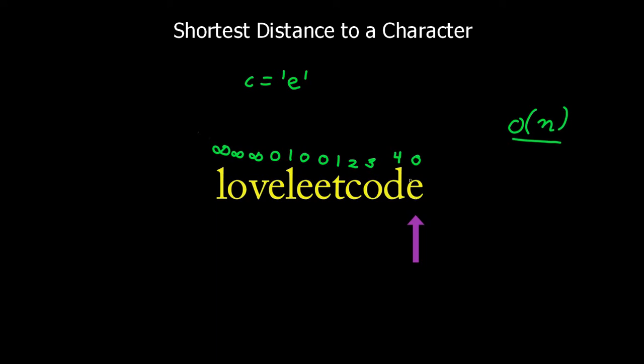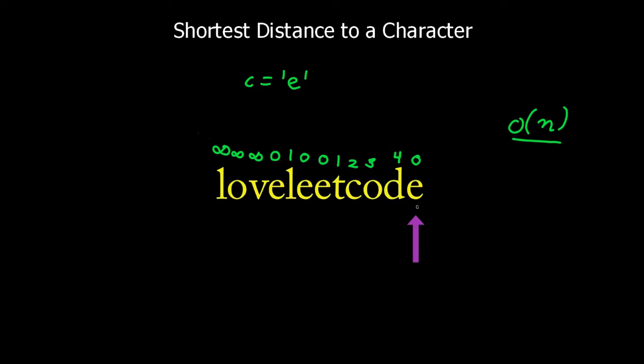For suppose that this was not E, and if this was F and we were looking for character E, in that case this F is infinity distance away from the E on the right, because it is nowhere to find.